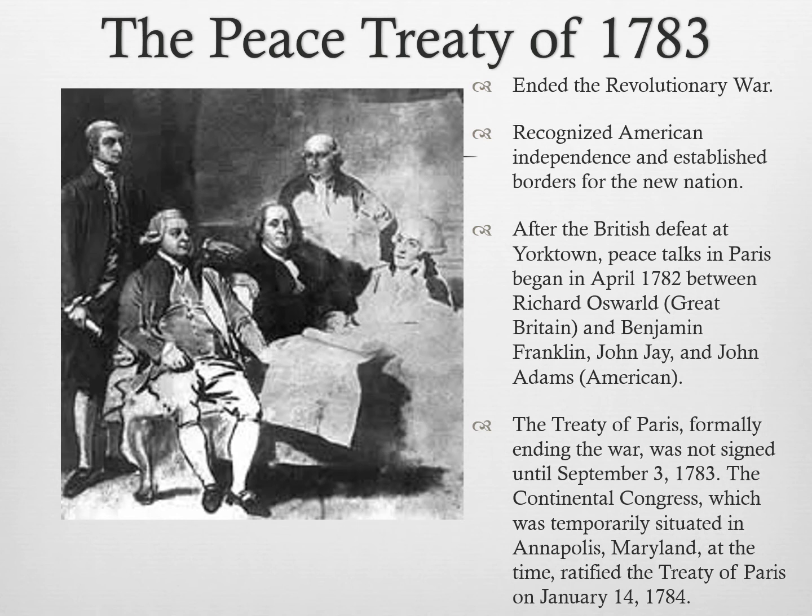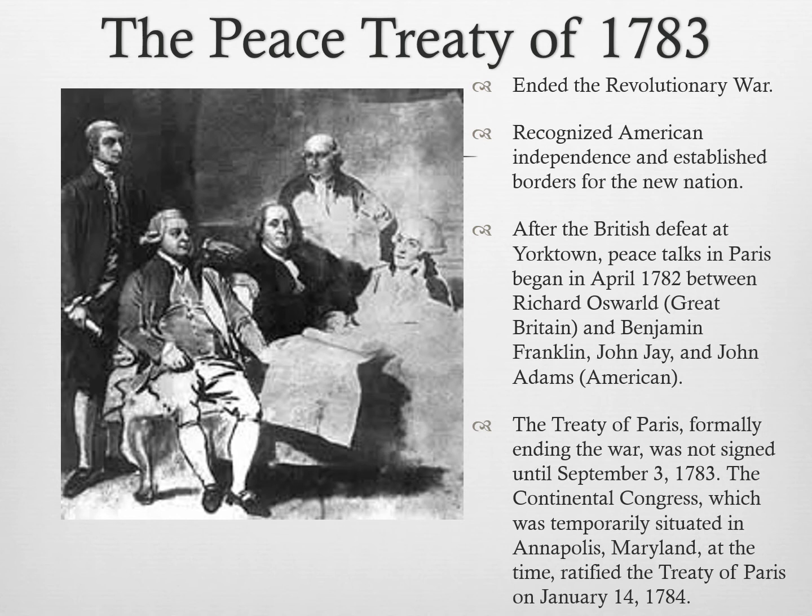You're going to have Richard Oswald. You're going to have Benjamin Franklin, John Jay, John Adams. However, as I just said, there's going to be some failures to it that are just going to have to be negotiated later on as we continue to foster our relationship with Great Britain.